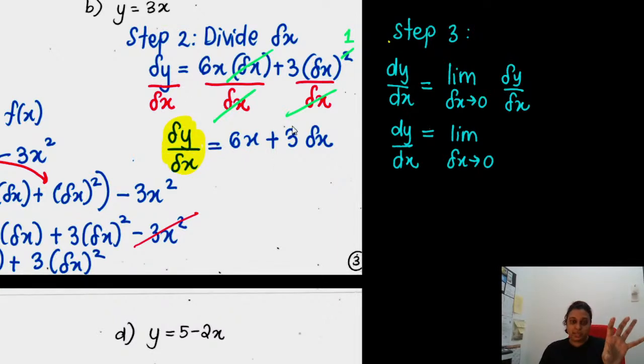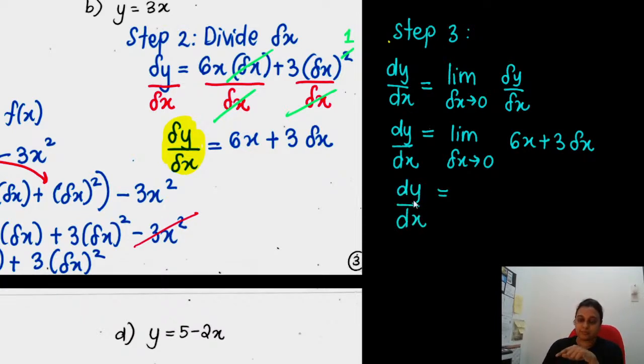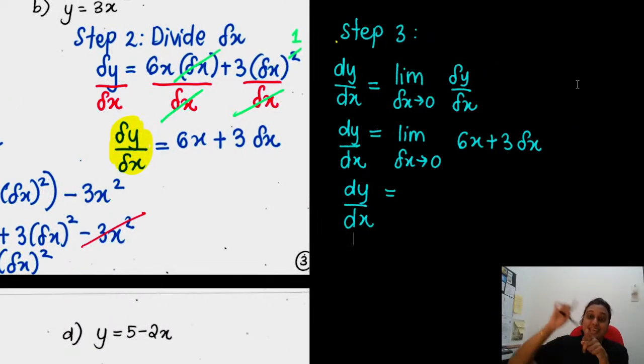So take that whole thing, copy to this part of step 3. So 6x plus 3 delta x. From here substitute the 0. Where should you substitute the 0? You should substitute to delta x. Don't substitute into the x, substitute to delta x, so that you can get the value for the entire differentiation.